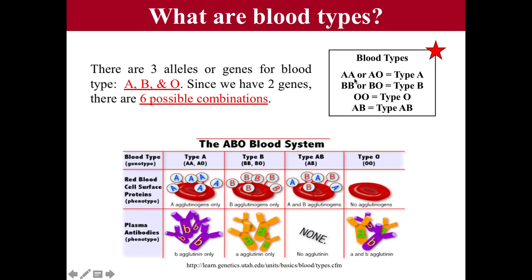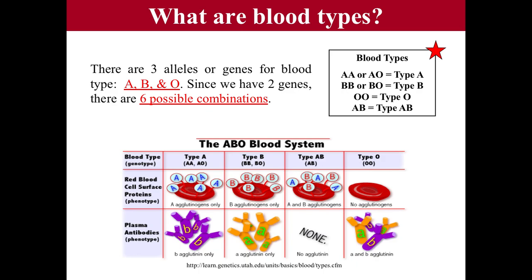If your 2 genes are BB or BO, then you have type B blood. If your 2 genes are OO, then you have type O blood. And last but not least, if you have type AB blood, your 2 genes are A and B.